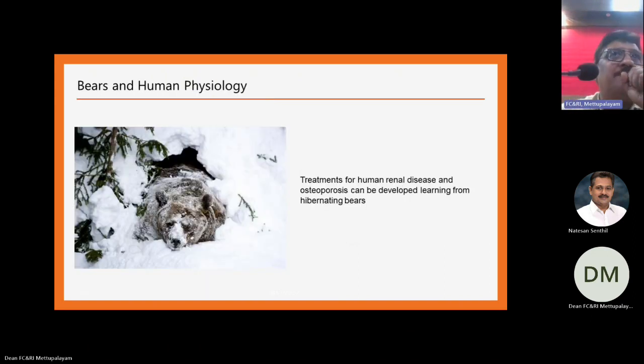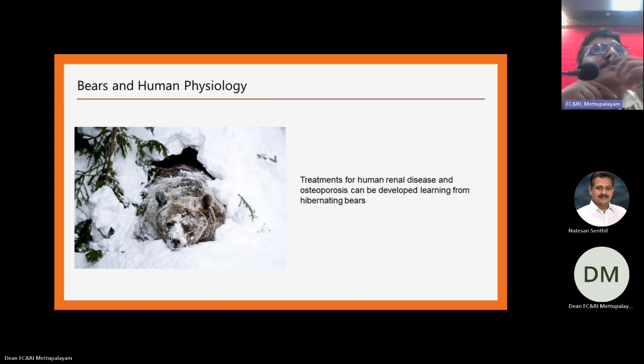Next slide, please. This is another one, bears and human physiology. Bears in temperate areas do what is called hibernation. They don't actually go into very deep hibernation. Bears can be very easily awakened. If you just make a sound, they will rise up. But what is interesting is there are a couple of things that these bears do.